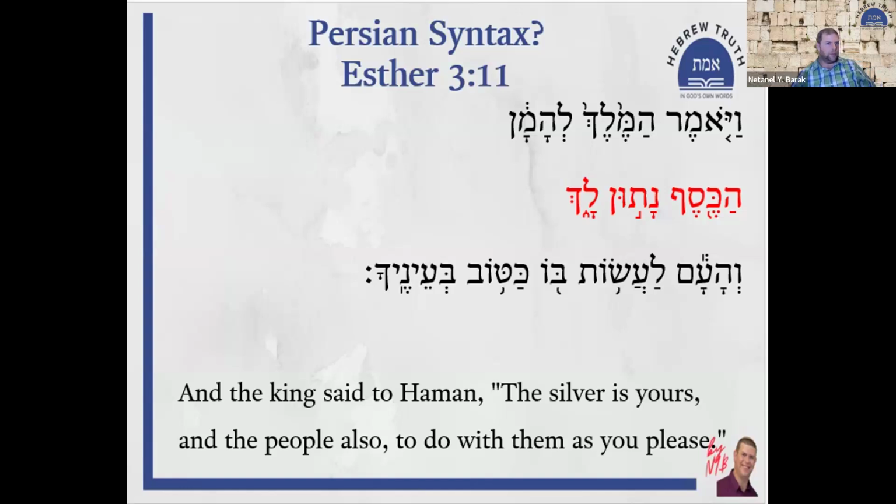I also had difficulties with the common interpretation of this verse. And a few years ago, I heard a lecture about the Persian background of the Book of Esther, and it made it that much more clear.